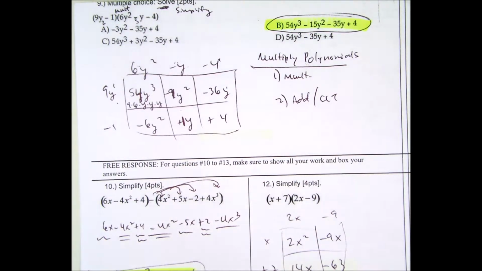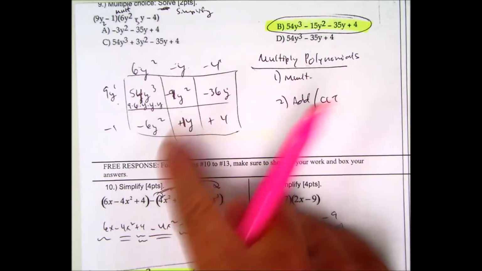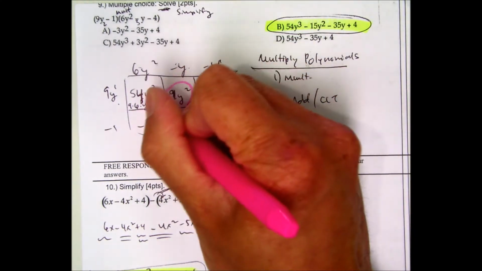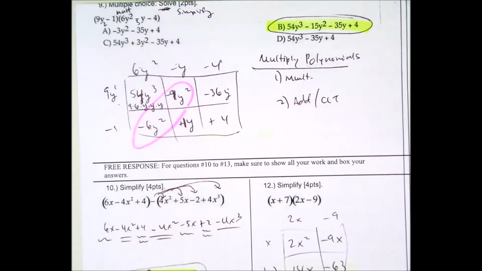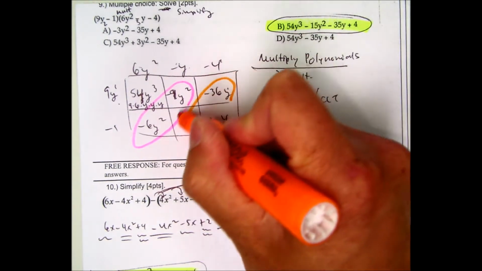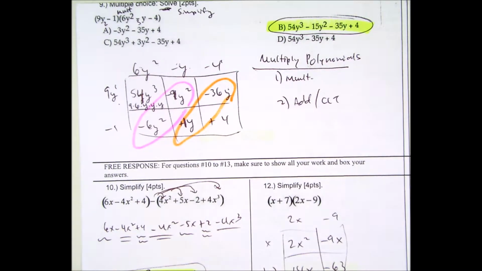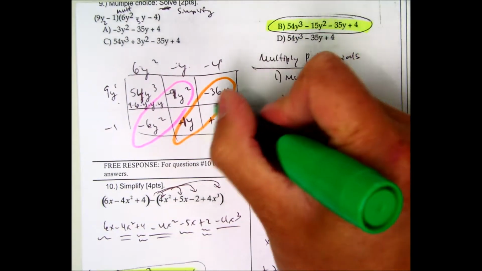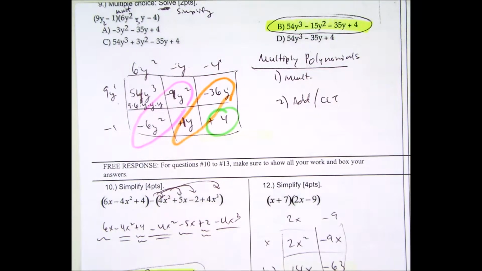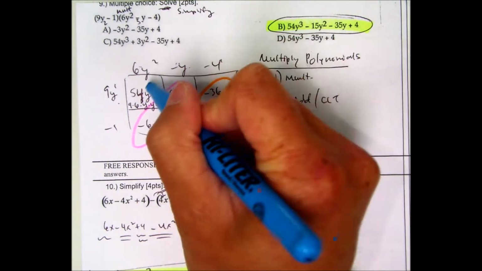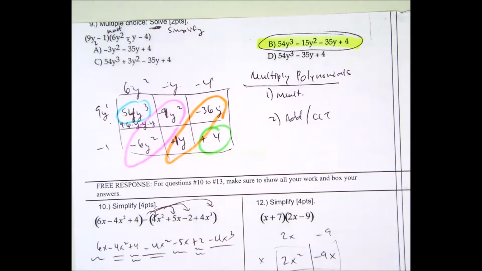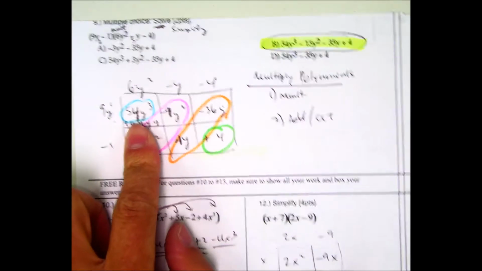Here you're just looking for like terms, so power of 3, there's none. Here you have these two. Those are like terms. These two are like terms. There are no other constants or ones without variables. And this is the only one that has the power of 3. So let's first look for one that has 54y to the third.